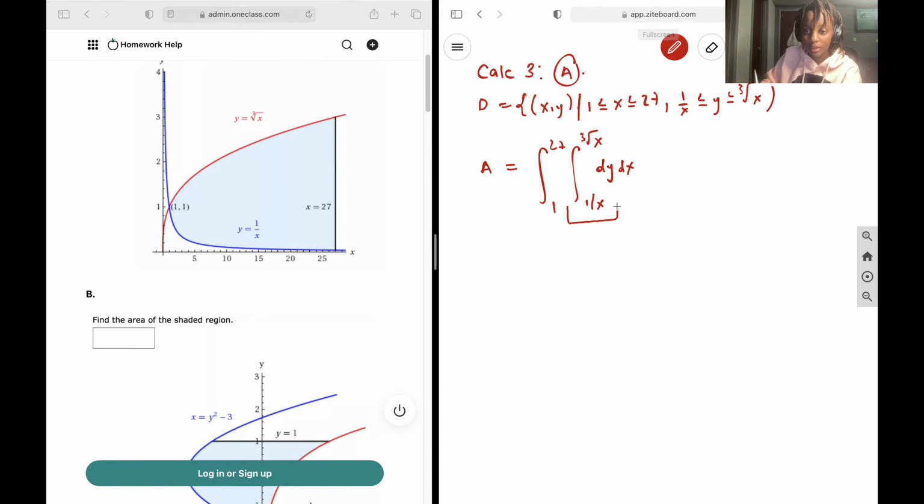So first we're going to deal with this part, and this just becomes the integral from 1 to 27 of y evaluated from 1 over x to the cube root of x, dx. And this becomes what we had seen previously in the calculation, the integral from 1 to 27 of cube root of x minus 1 over x dx.